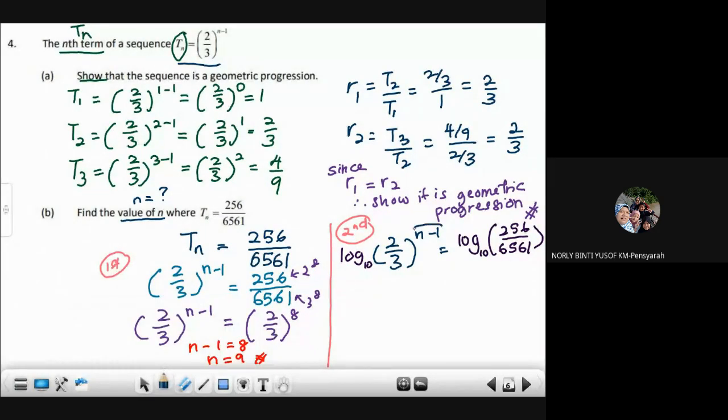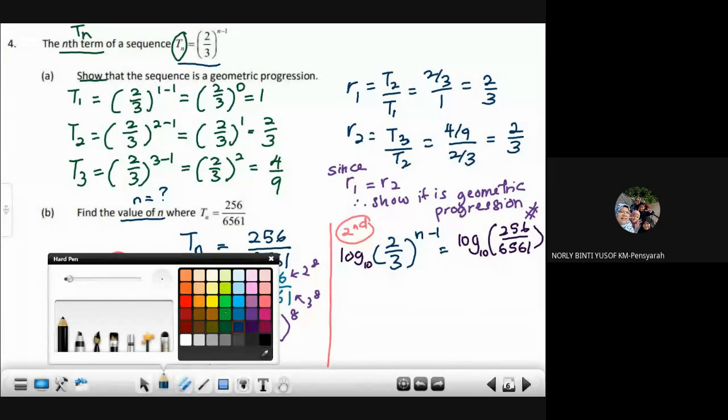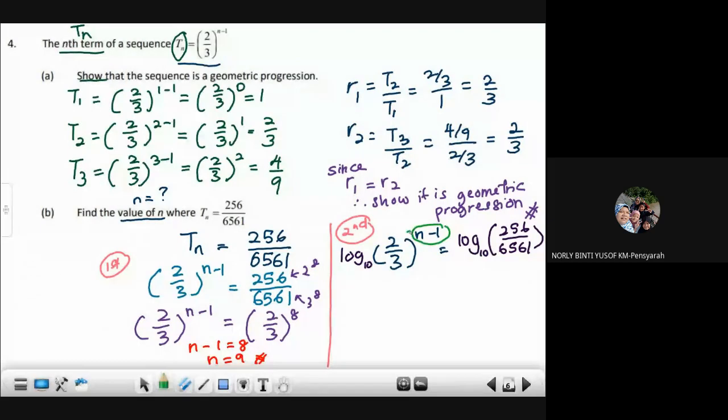So sama, ini akan bawa ke depan as power jadi equation lah. So ni akan bawa di sini. So dia akan jadi N-1 log 10 2/3 sama dengan log 10 256/6,561. Lepas tu ni darab, you nak cari, so you tekan calculator lah.